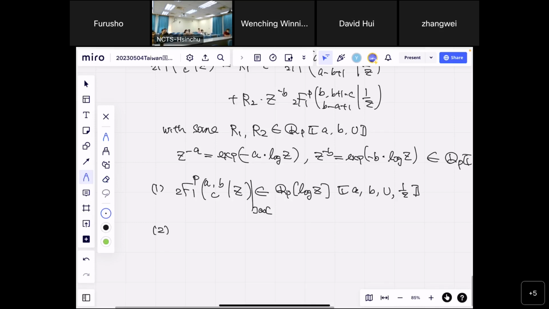So here, if we consider the p-adic logarithm, we have to fix a branch of the p-adic logarithm.